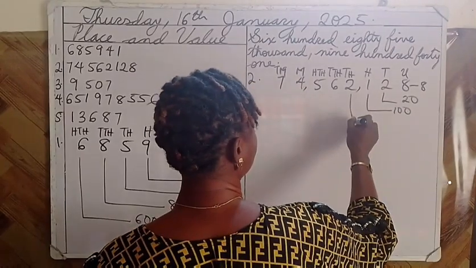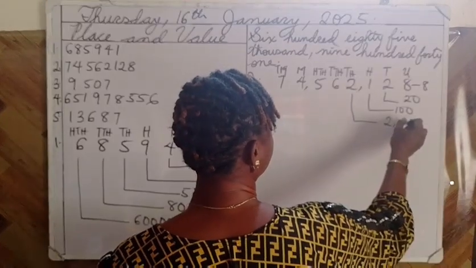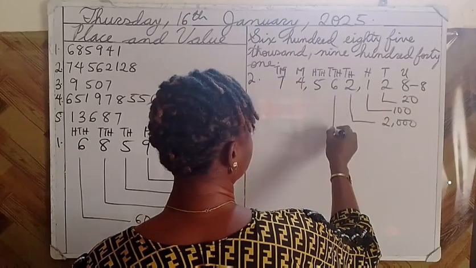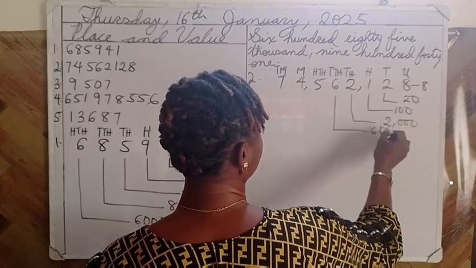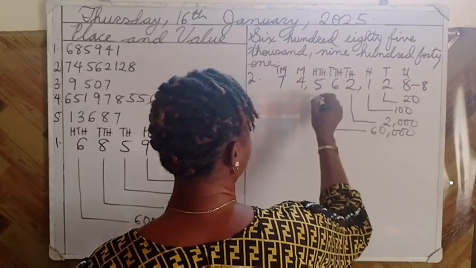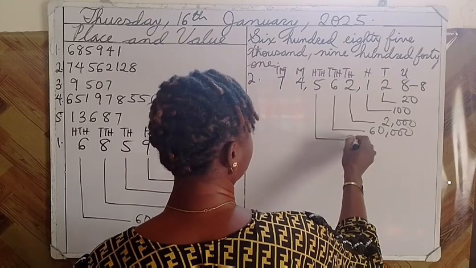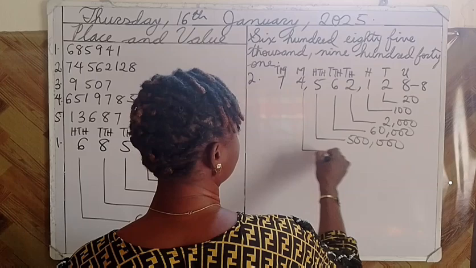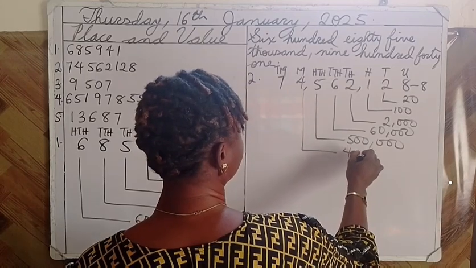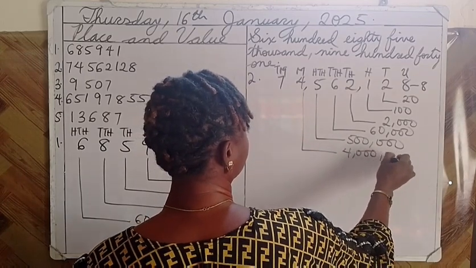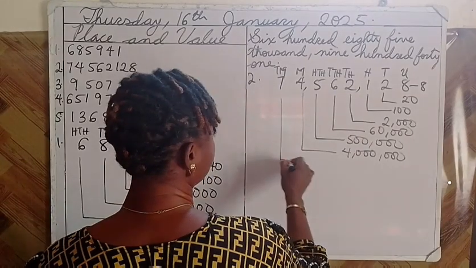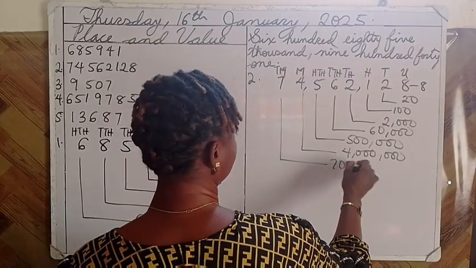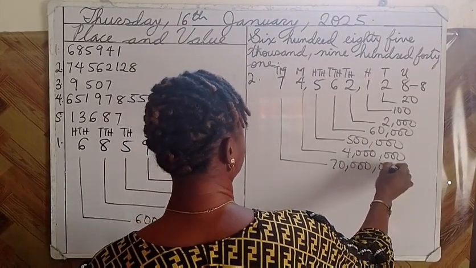The value of 2 is 2,000. The value of 6 is 60,000. The value of 5 is 500,000. The value of 4 is 4 million. And the value of 7 is 70 million.